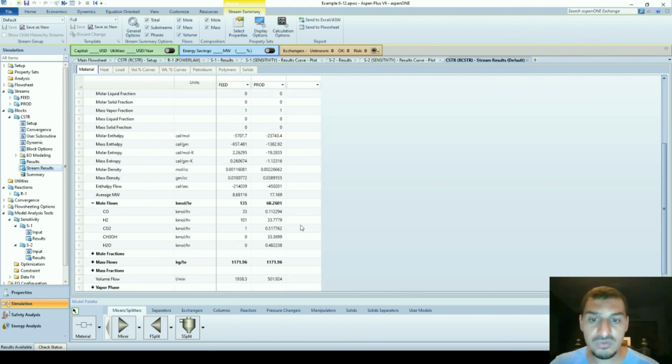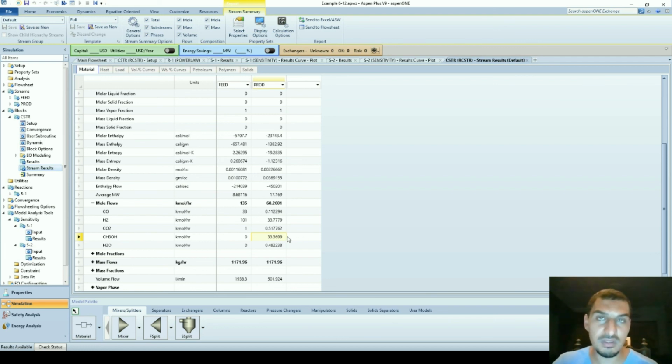For the mole flows, you see that I am almost totally consuming the carbon monoxide. I have only 0.11 moles left from the 33, and I have almost 33.4 kilomoles per hour of methanol, corresponding to the 10 point something that I got before.